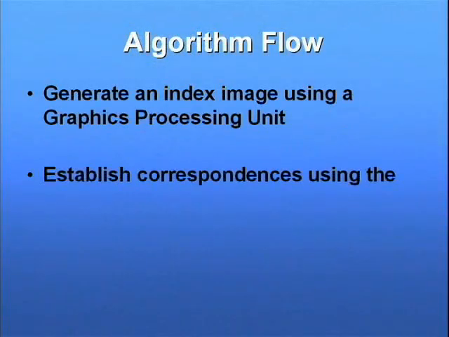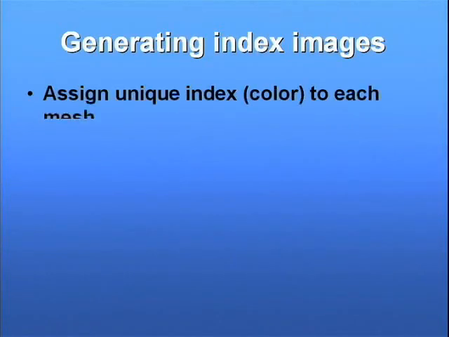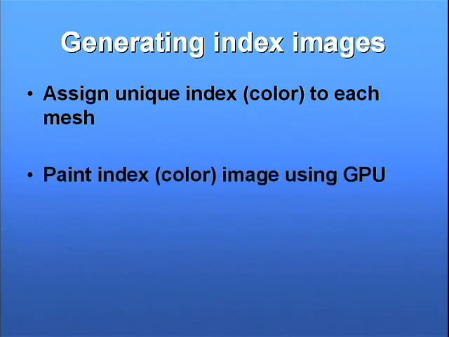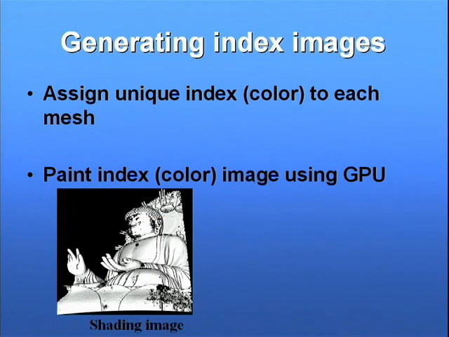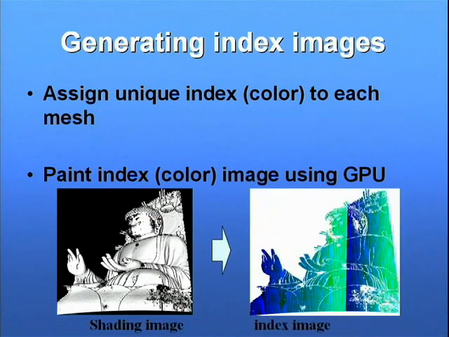How can we do this? Basically, assign a unique index color to each mesh and project that mesh to the graphics memory, like this. So each triangular patch has its own color, and that is open to the graphics processing unit memory. Now, we assume particular viewing directions.